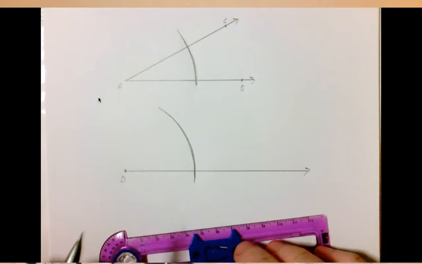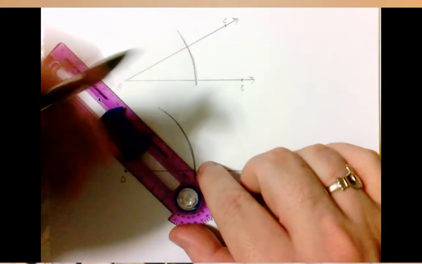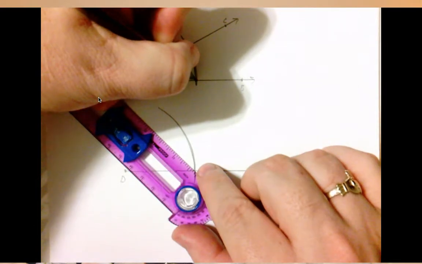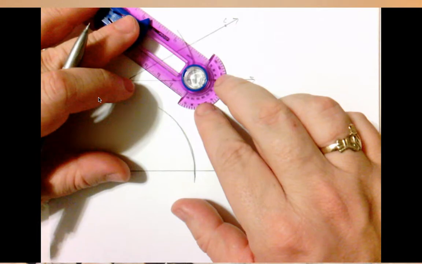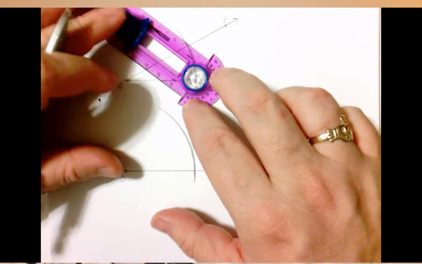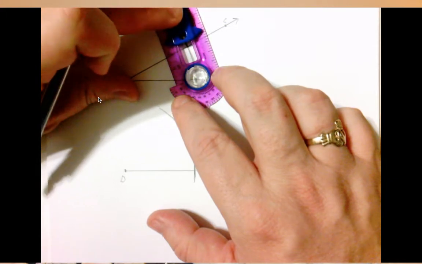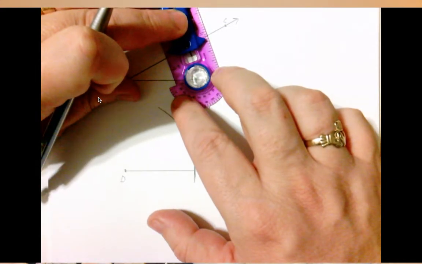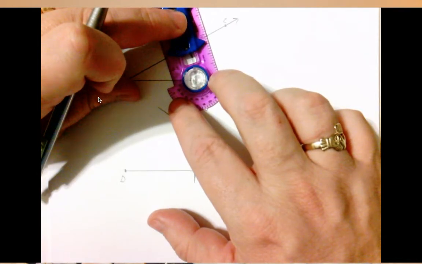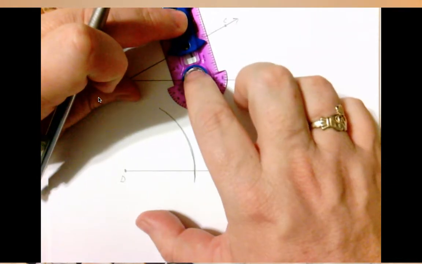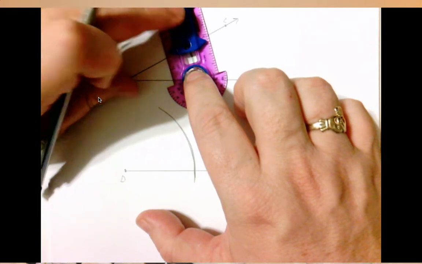Now we want to come back up to the original angle, put our crosshairs right here on the first vertex, and then we want to set our length of our radius to the intersection of the arc and the other side of the angle.